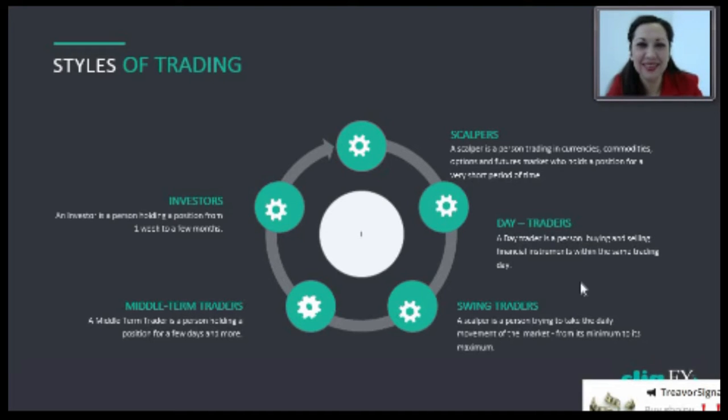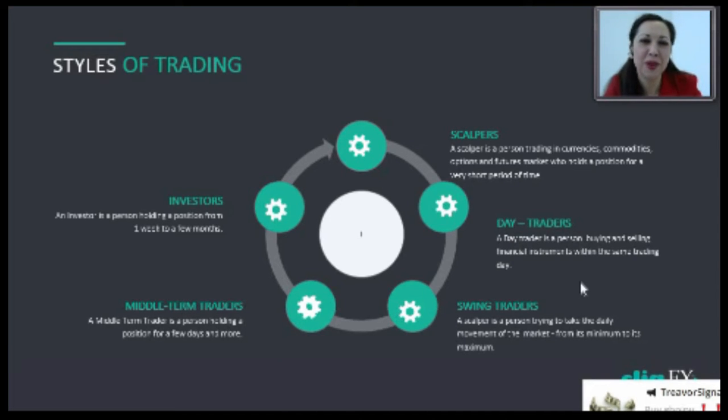Because the main goal of the swing trader is to take the maximum profit, to catch all the profit that the market gives him from its minimum to its maximum. He can stay in the market for one day or even more. So it's a more prolonged period of trading.